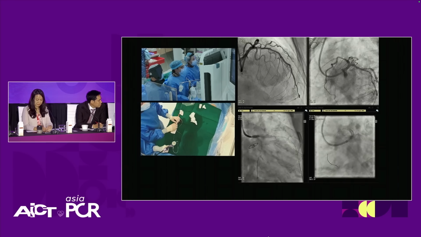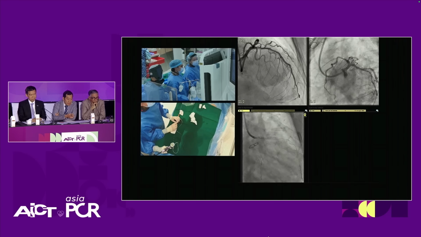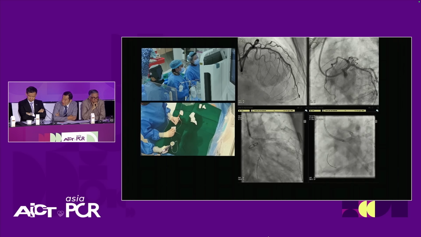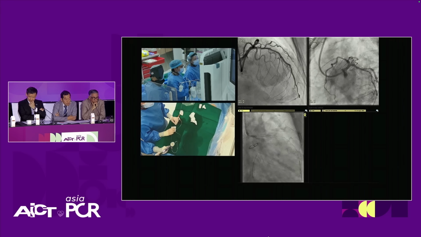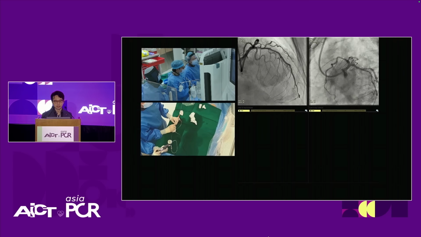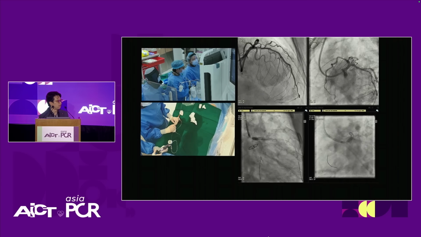Okay, but I think the crucial part is being shown here, where if you do crossover, then you really need to get a good POT at the bifurcation. So Mark, how do you do a good POT? You seem to have chosen a certain size, and how do you place it? Yeah, so we chose the POT balloon based on the IVUS imaging of the left main.